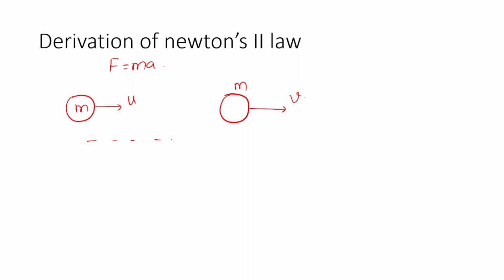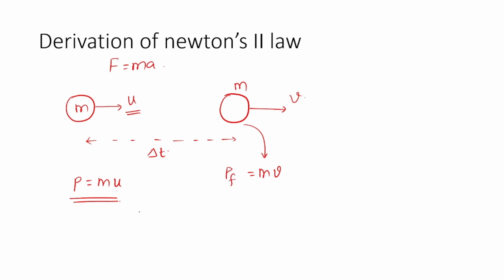Let's say the time taken by the object for the change in velocity is delta t. You know, mass into velocity gives us momentum. So this is the initial momentum because it's multiplied with initial velocity u, and mass into final velocity will give us final momentum, pf.